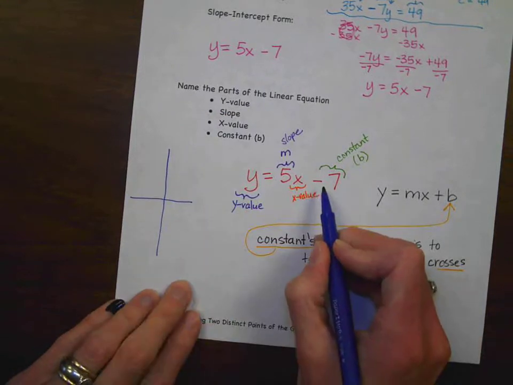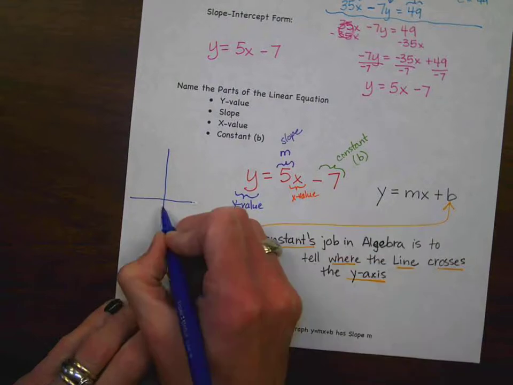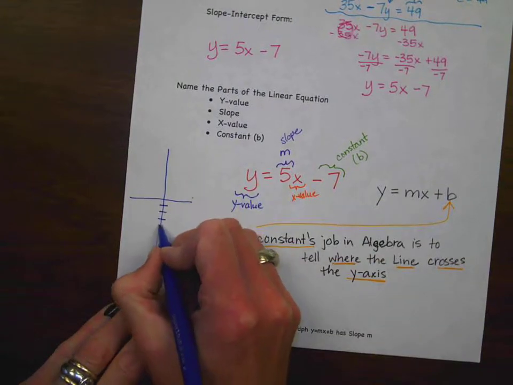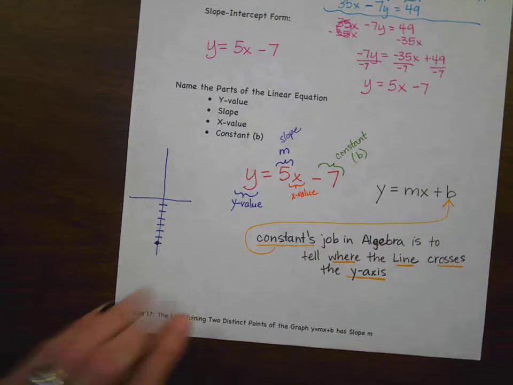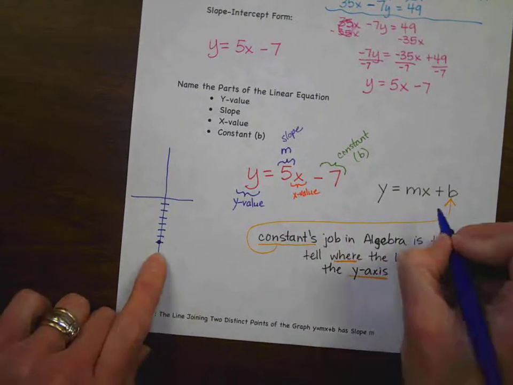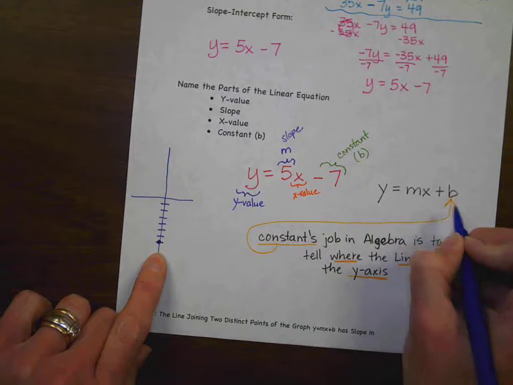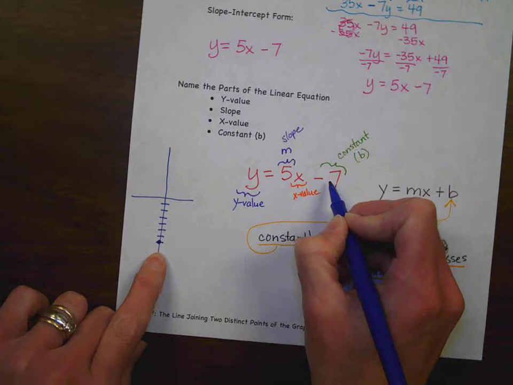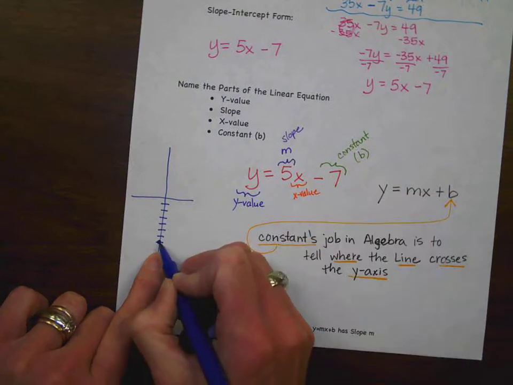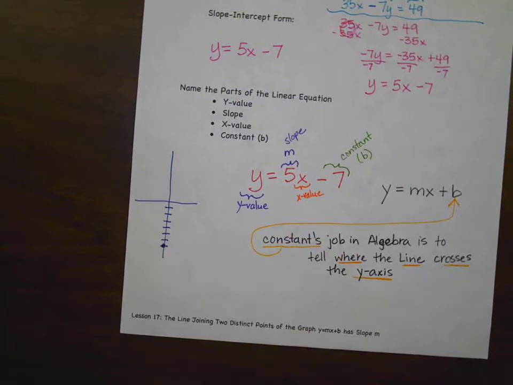So automatically I know that at the point 0, negative 7, so that means I have to go 1, 2, 3, 4, 5, 6, 7, I'm going to put a dot. And the reason I'm going to put a dot right there is because of that b. That b, which happens to be right here in this equation, is telling me that this is where my linear equation is crossing the y-axis.